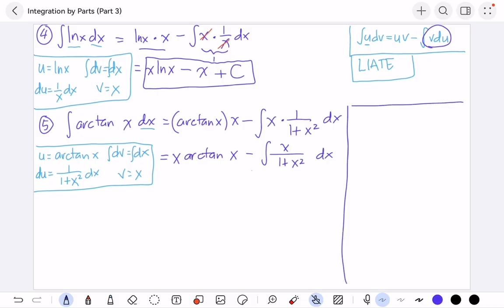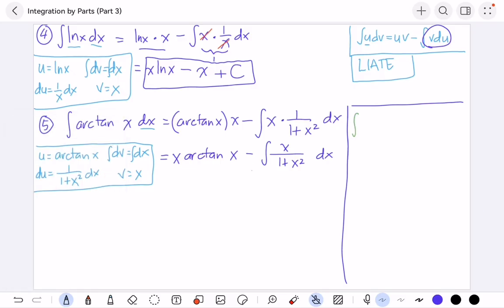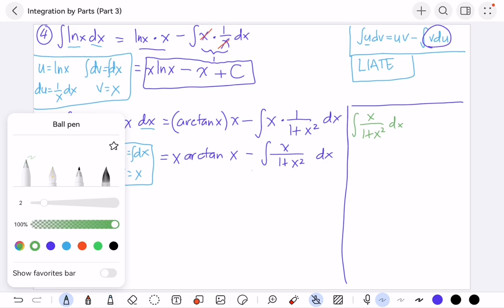Let me do that here. Integral of x over 1 plus x squared dx. Should we do another integration by parts? What do you think? Or can we use our first technique? Can we choose an expression for u so that its derivative is in the integrand? I will repeat.